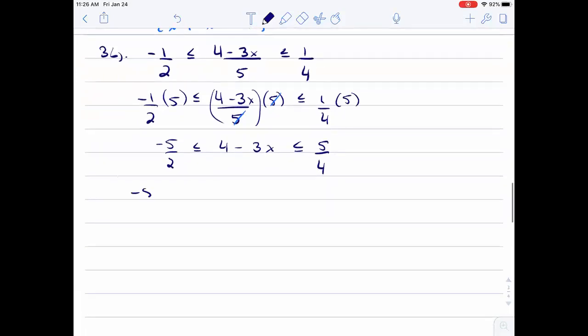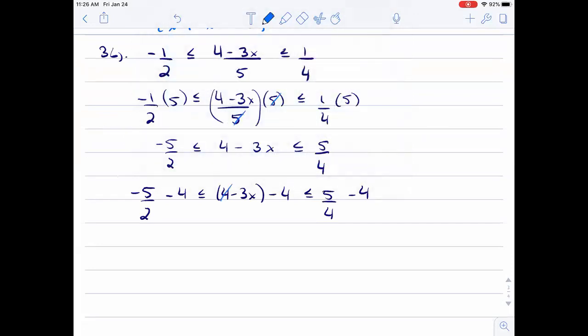And so I get negative 5 over 2 minus 4 is less than or equal to 4 minus 3x minus 4 is less than or equal to 5 over 4 minus 4.